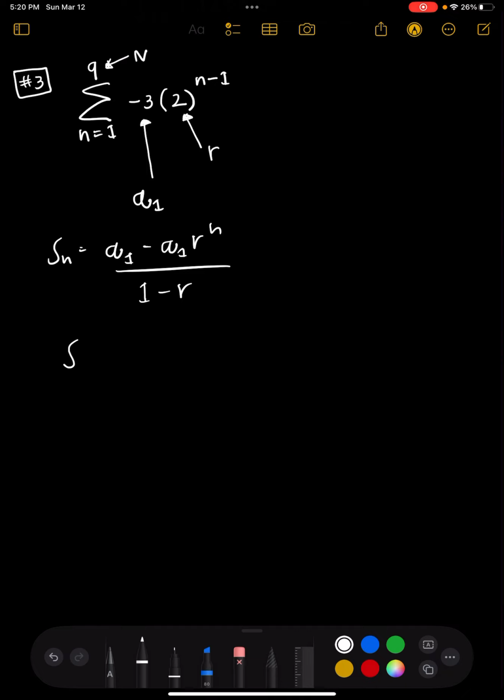So I'm going to have S sub 9, because I know my n is 9, because that's the very top number on my sigma, equals a sub 1, which is -3, minus a sub 1 again, times my r to the power of my n, all over 1 minus my r. Okay, now let's plug that in.